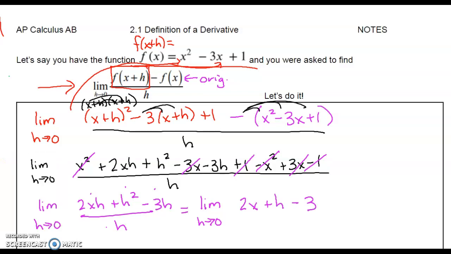And so now we're going to actually apply, using substitution, h is our variable, not x. As h goes to 0, I can do substitution and we're not undefined anymore. So I've applied my limit, so the limit notation goes away, and we're left with 2x minus 3. Okay, and so what we're going to learn is this formula right up here.